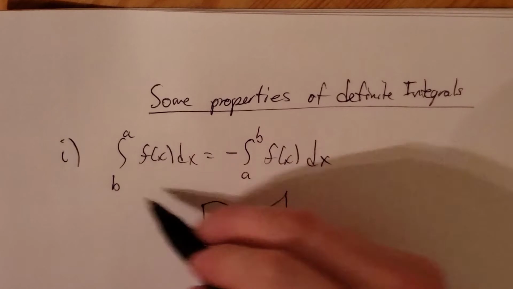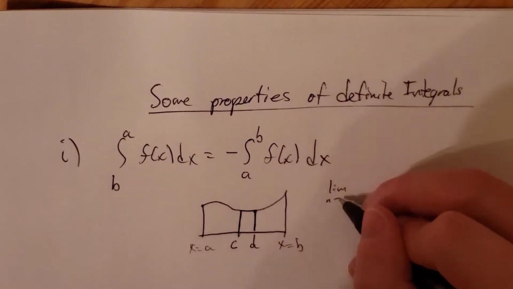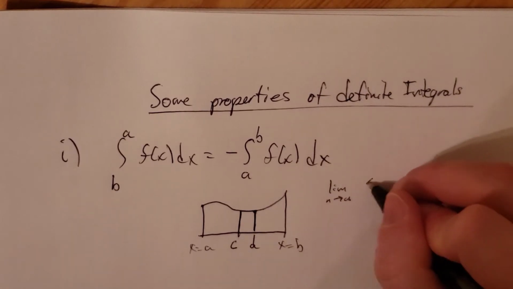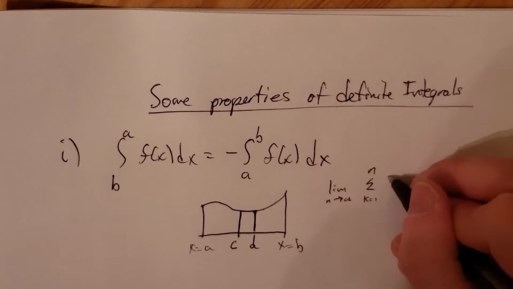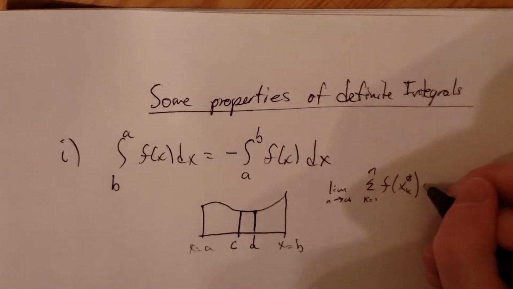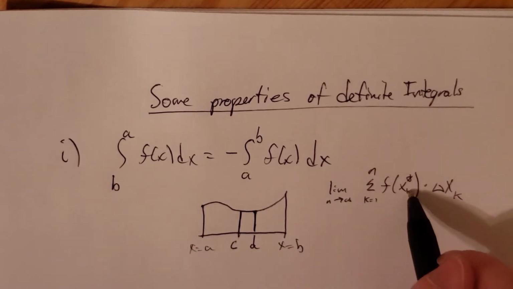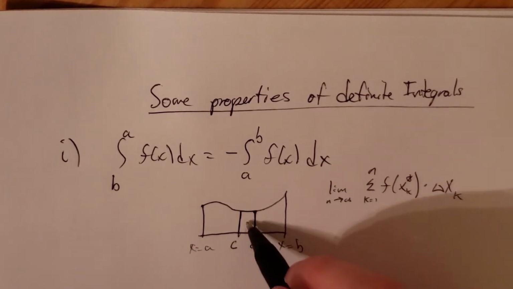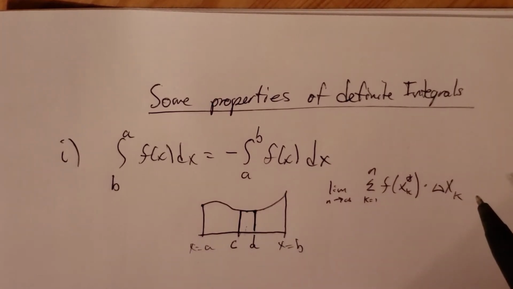To calculate the integral, we take the limit as n goes to infinity of the summation from k equals 1 to n of f of x sub k star times delta x sub k, where x sub k star is some value in the kth rectangle. We plug that into the function, and we get the height of that rectangle.